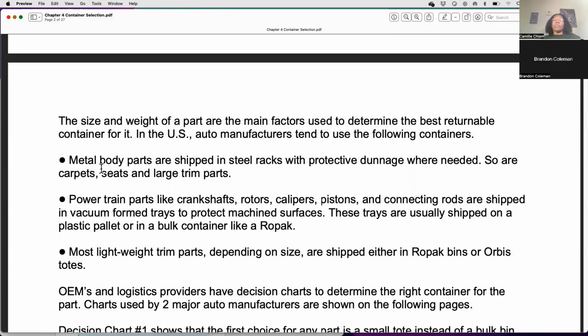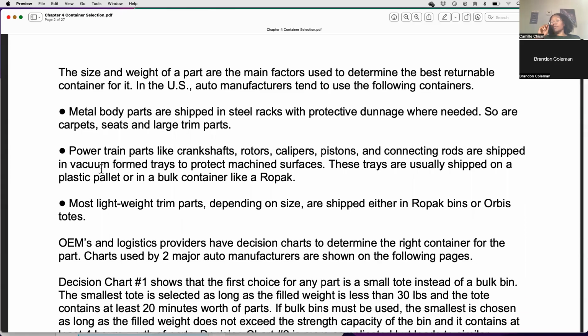And some of those trim parts might have metal clips on them. So if that metal clip rubs up against the A surface part that's visible to the customer, that could cause damage. So you will see partitions in those custom bulk bins that will hold those parts and keep them separate and protected.